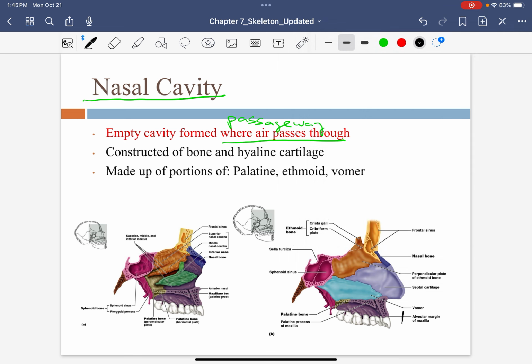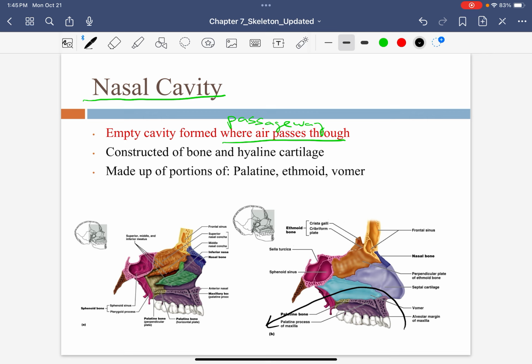When we breathe in air, it passes through a nasal cavity. Actually, I have that drawn incorrectly. Let me be accurate. Thank you for bearing with me. So the nasal cavity would be the passageway that air passes through.